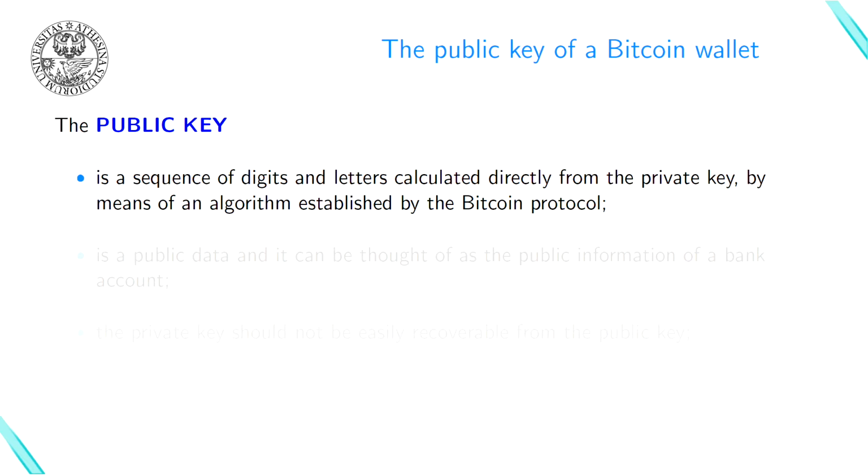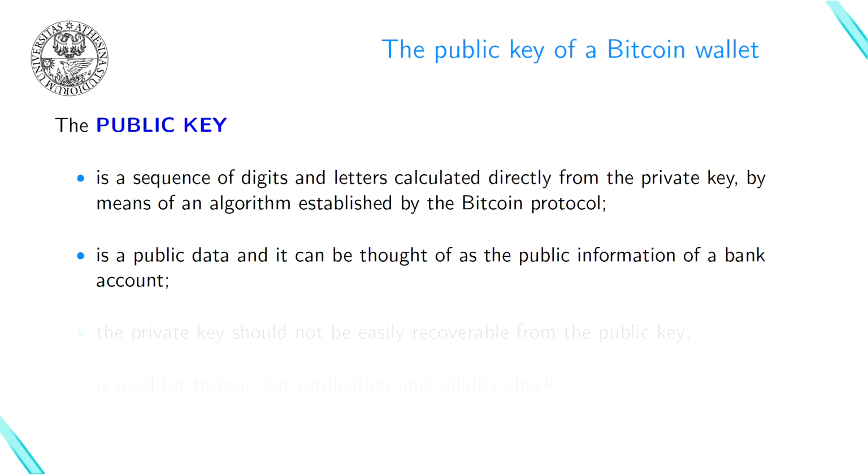The public key is a sequence of digits and letters directly computed from the private key by means of an algorithm established by the Bitcoin protocol. The public key is public data which can be thought of as the public information of a bank account.